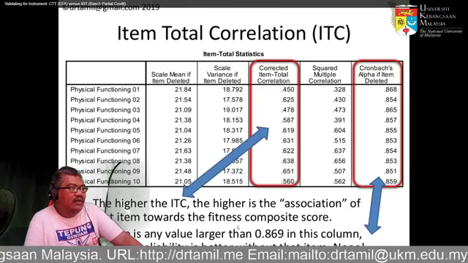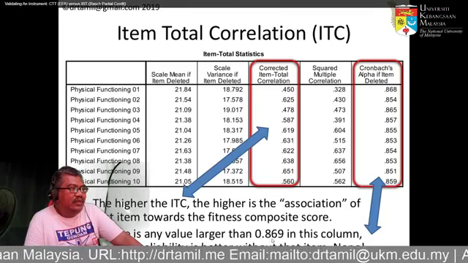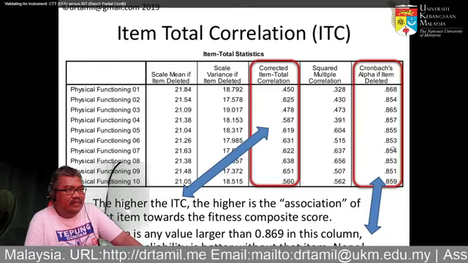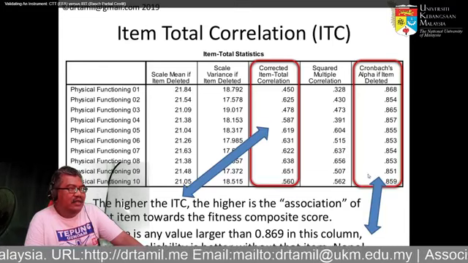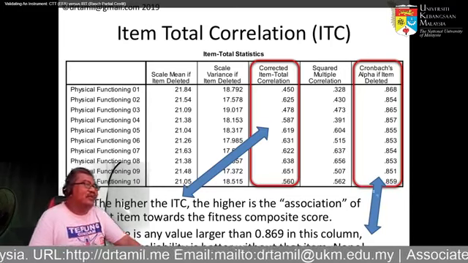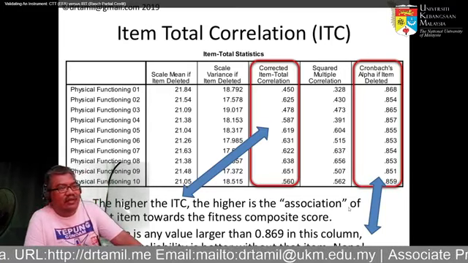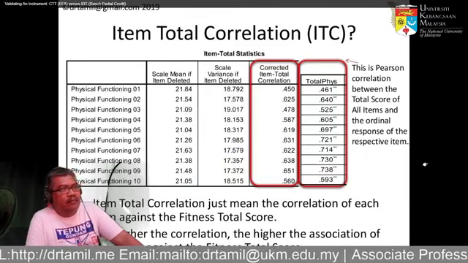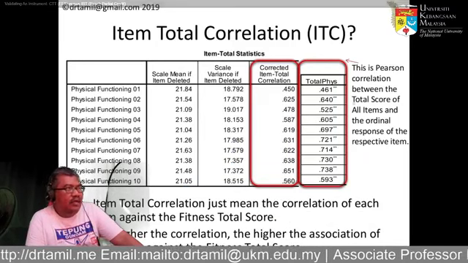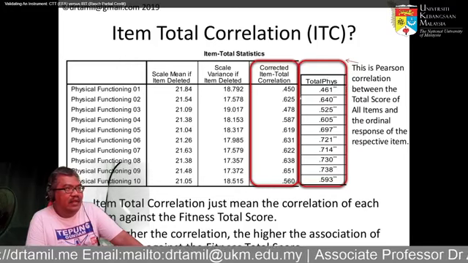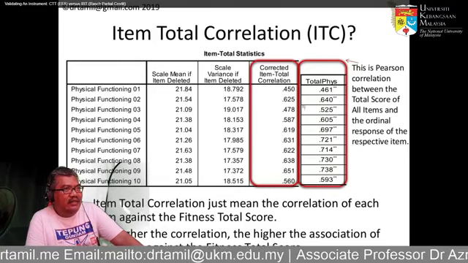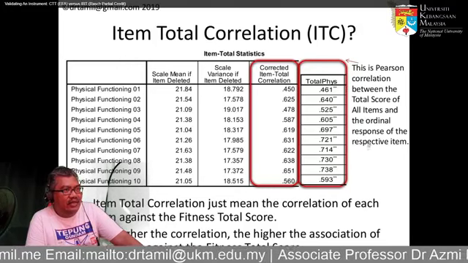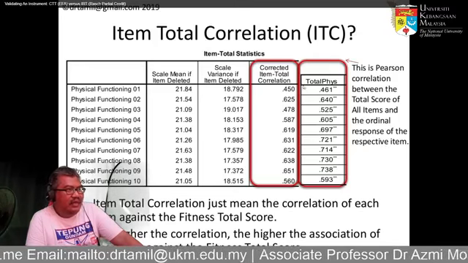If there is any value larger than 0.869 in this column, as I mentioned just now, then the reliability is better without the item. So here, that did not happen. If you do the correlation between the total score of all items and the response of the respective item, they are quite similar.